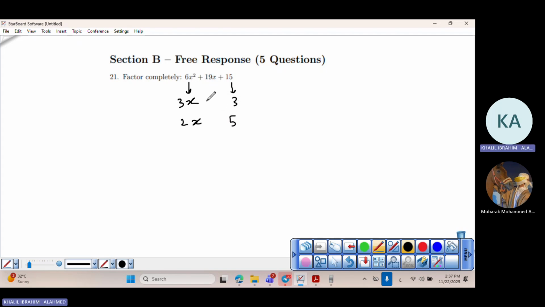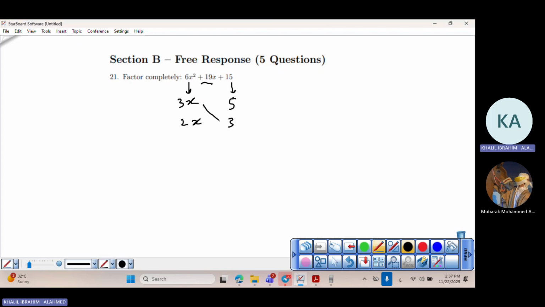If you cross-multiply, 15 plus 6x equals 21, not 19. Maybe swap between 5 and 3 to get the answer. Put 5 here and put 3 here.